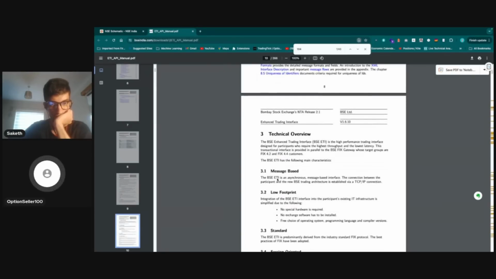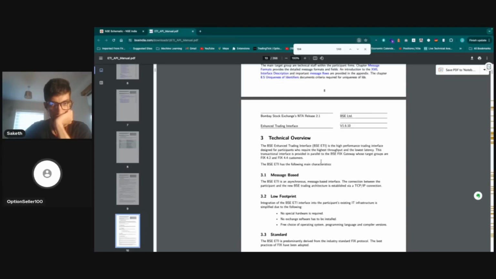The first one is this. This is basically the trading interface given to the brokers who want throughput and also low latency. Let me explain what throughput and latency are. Throughput is the ability to process a number of requests, say per second or per minute.